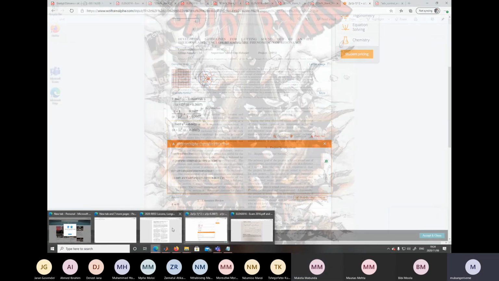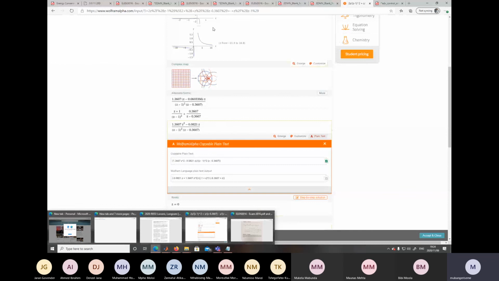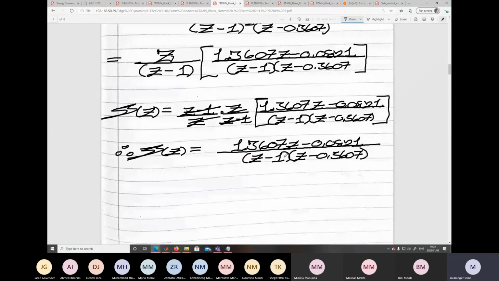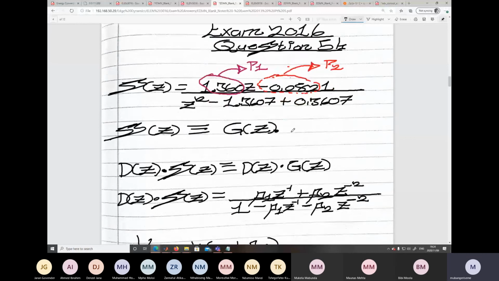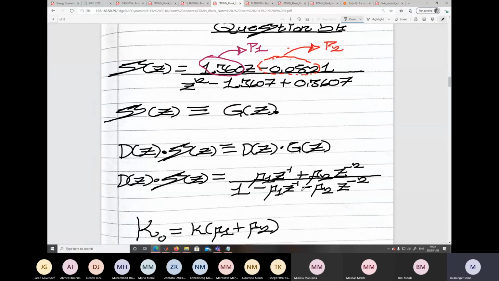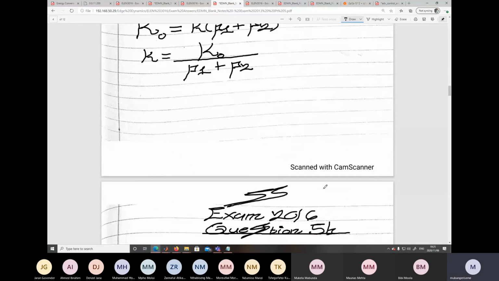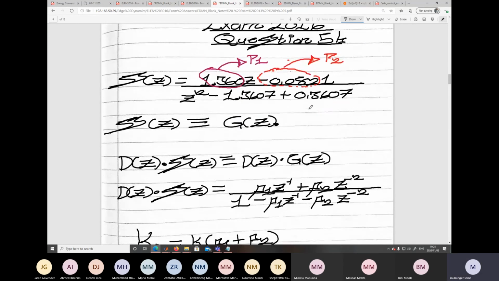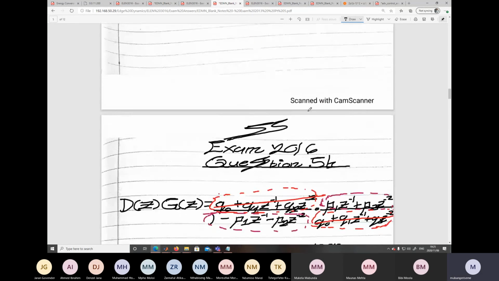Everybody else, do you concur with my answer, or do you have something different? Okay, guys, please also note this thing can trip you up, that this is a plus here. It's not a minus. Down there, it's minus P1 and minus P2. So P1 we said to be what? 1.360.